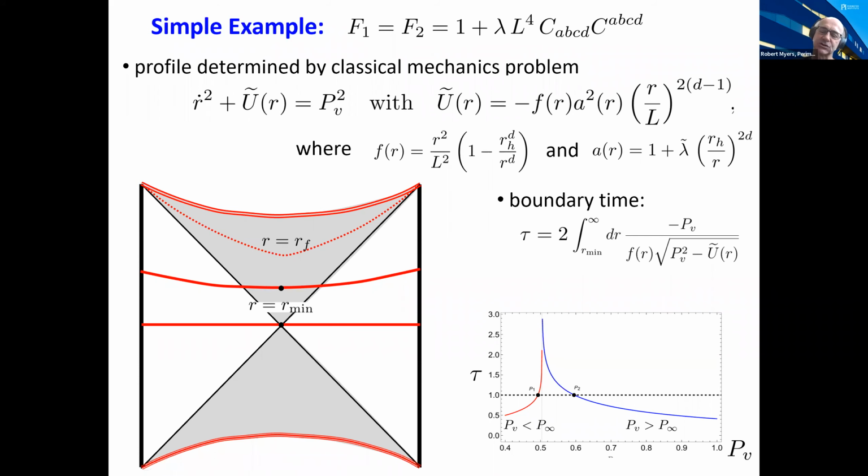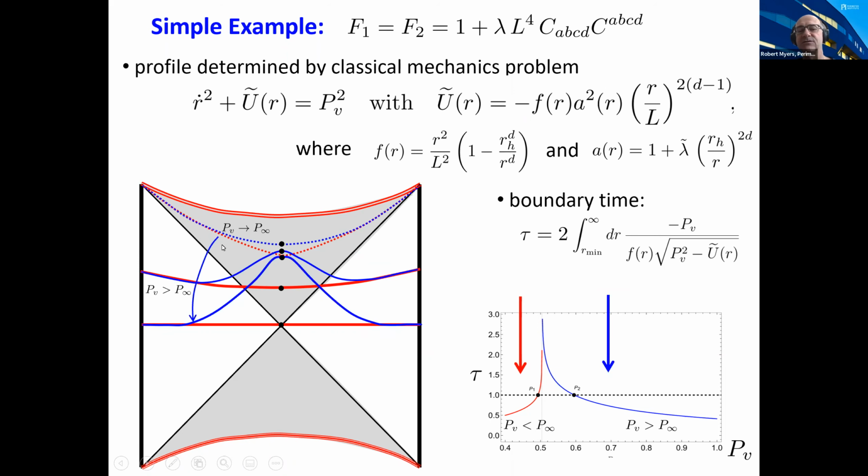And so in that initial phase, as I'm increasing PV, I'm sweeping through this family of surfaces. I can continue, and then I'm sweeping through another family of surfaces, the blue, where in fact they probe closer to the singularity than before.